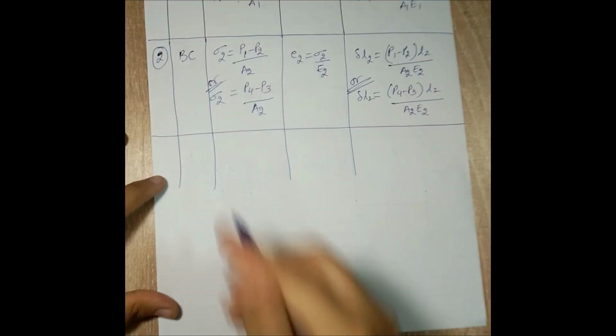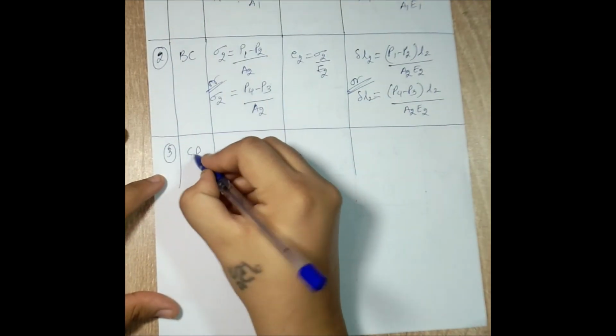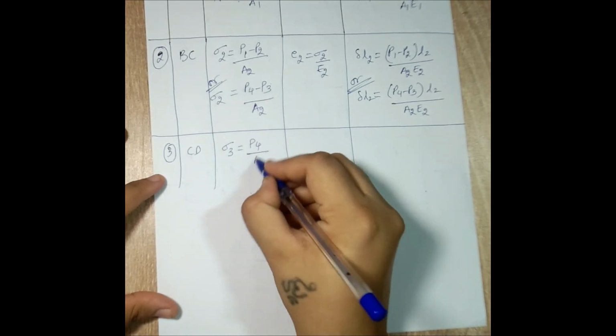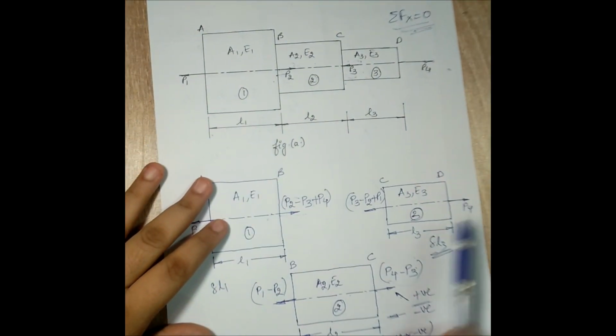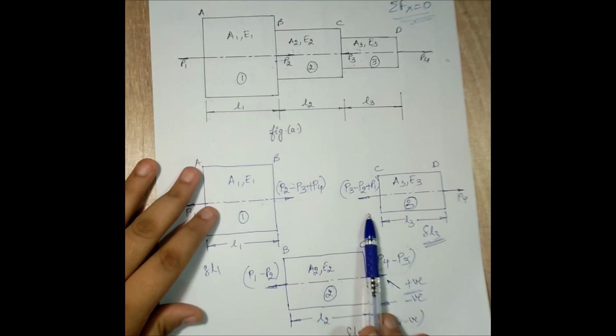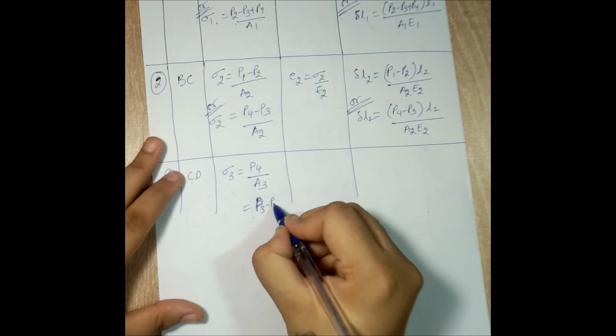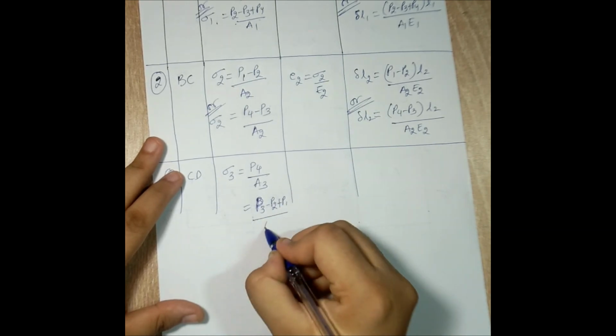Next I'll go for portion C to D. Sigma 3 is equal to, one side was P4 upon A3, the other side was P3 minus P2 plus P1 upon A3.